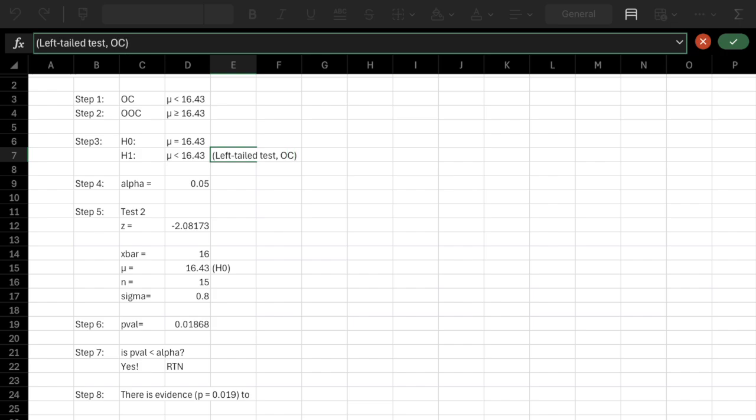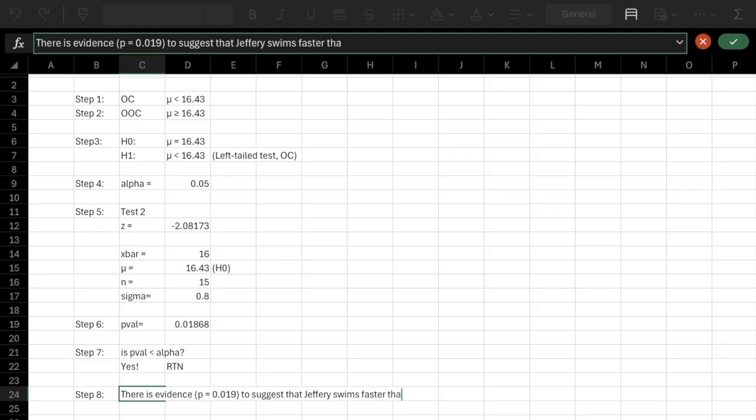And since I want to talk in terms of my original claim, I am going to talk in terms of supporting my alternative. So that means that there is evidence to suggest that Jeffrey swims faster than with goggles.